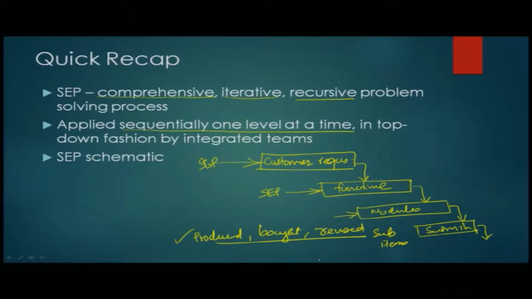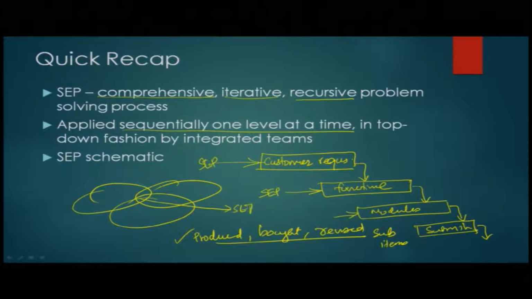We saw this yesterday. Then the SEP schematic: we have seen this basic schematic of three circles integrating like this, and we call this point the systems engineering process. We had requirement analysis, systems engineering, then life cycle. We had seen this diagram earlier also, and we are going to look into it in a much better fashion.